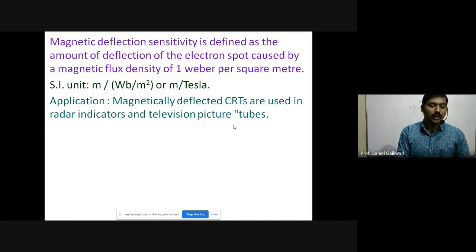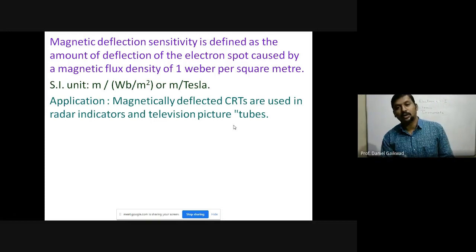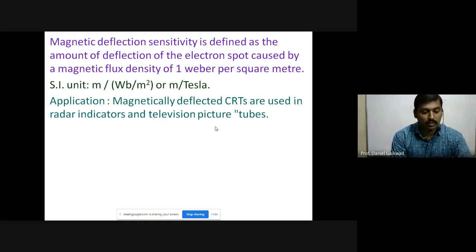When we open that particular picture tube, there are a pair of plates which form the electrostatic deflection system, as well as coils, which generate the magnetic field and form the magnetic deflection system. So both systems are present in either black and white or color televisions.